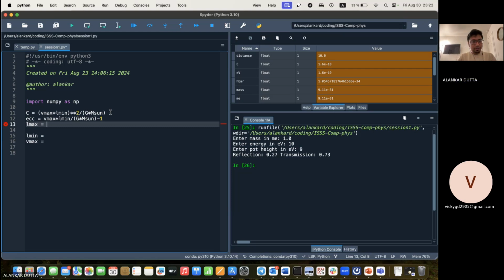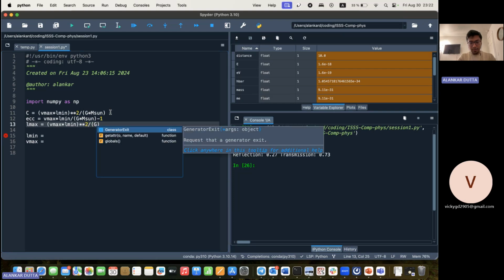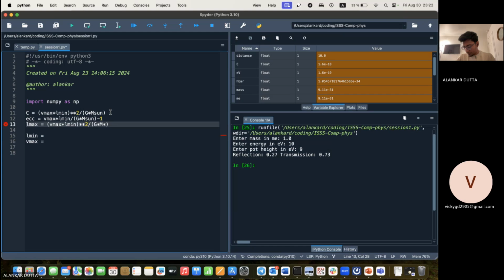Then we can take Vmax times Lmin whole square divided by G times M times 1 minus ECC, where ECC is the eccentricity. So this gives you Lmax.